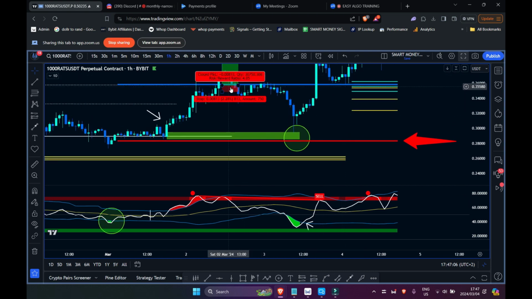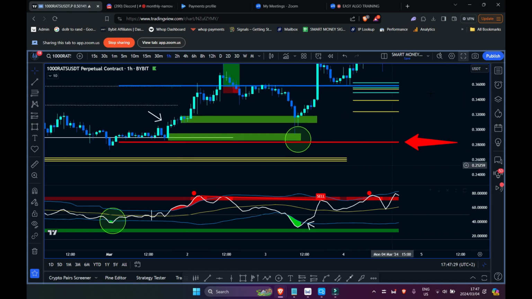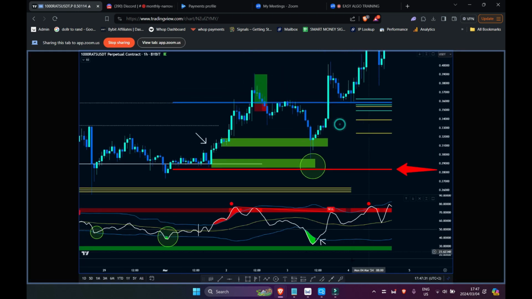Even though price is coming down, it is still bullish because we're above the weekly pivots and the monthly pivot. It is still bullish long-term and mid-term. So we're still looking for long entries. We're just waiting for the perfect place to enter long entries. I mean, we could have seen that this could have also been a demand zone, because we've got the same thing happening over here. It's the same story.